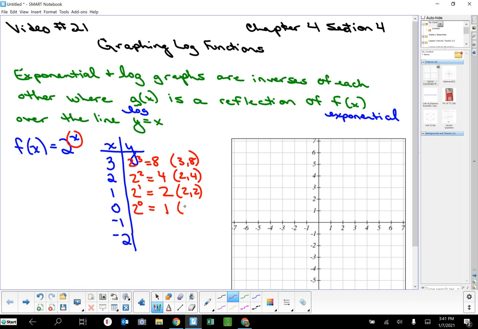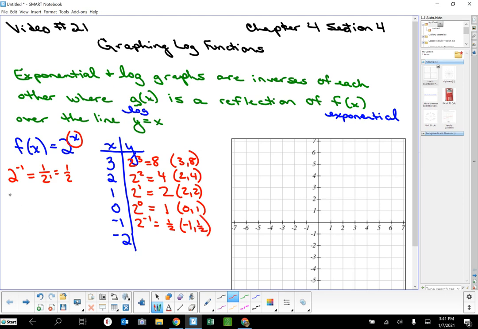This one's 0, 1. What happens when we put a negative in? If we have 2 to the -1, 2 to the -1 is the same as 1 over 2 to the first, which is a half. That's using our powers of negative exponents. So we have -1, a half.